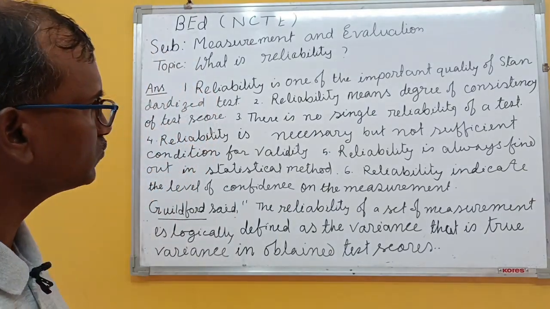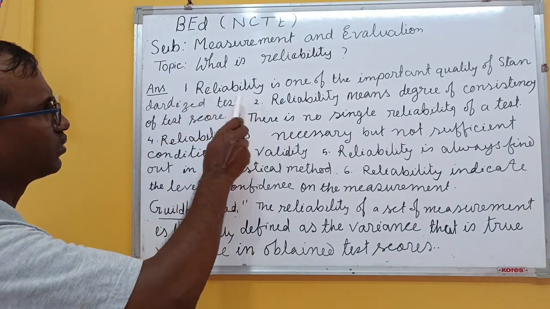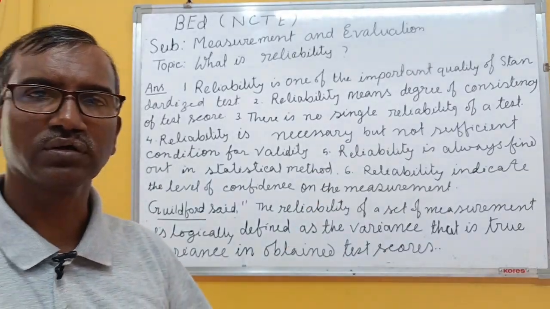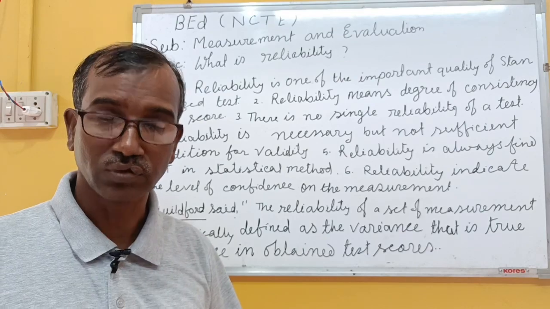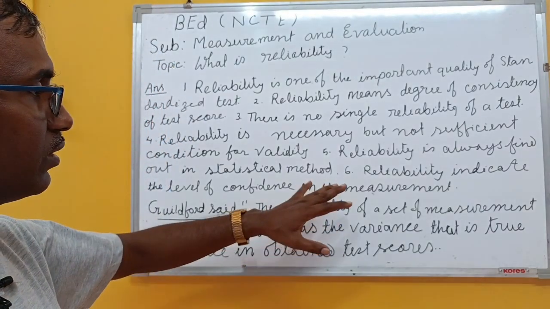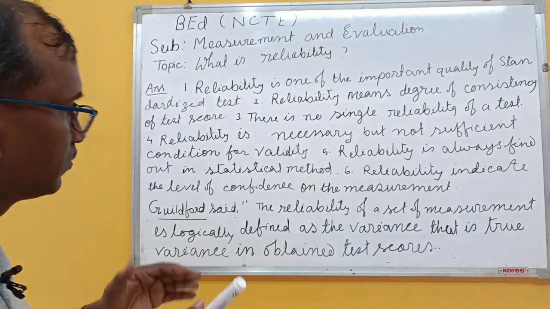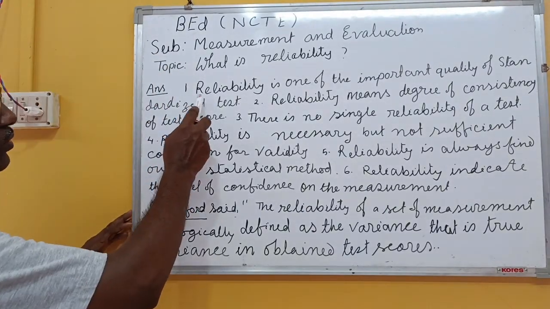These points are taken after a deep study of the concept, and they are the ultimate summary of the concept of reliability. So let us see what the points are written here.